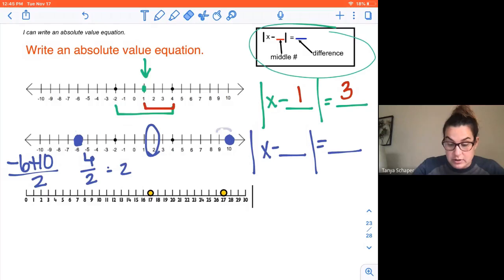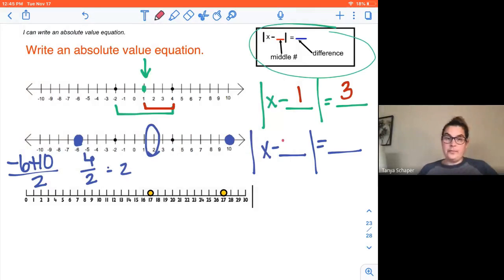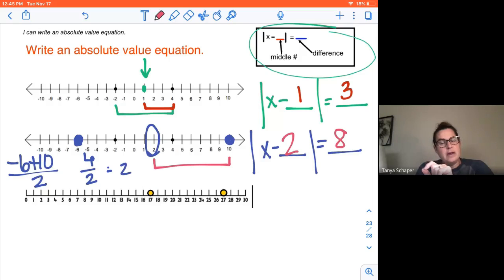All right, so x minus the middle number, which is 2, is equal to the difference of 2 to 10, which is 8. So the absolute value of x minus my middle number is equal to how far that middle number is from the end.